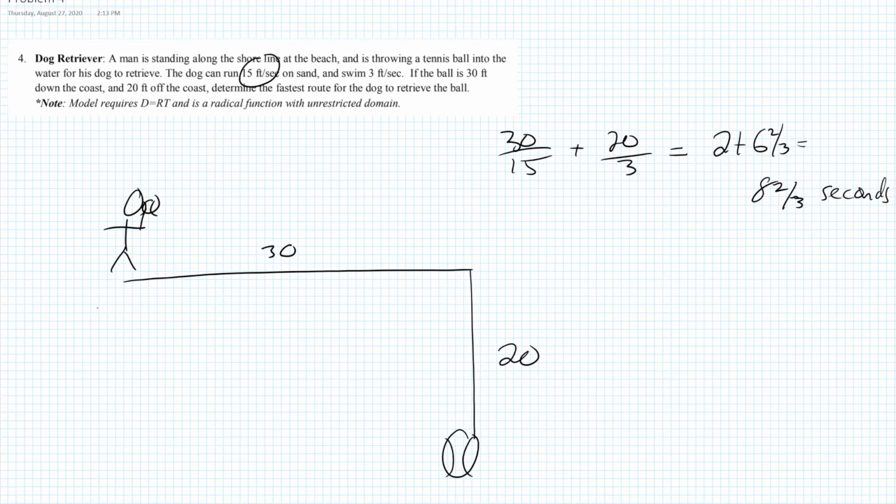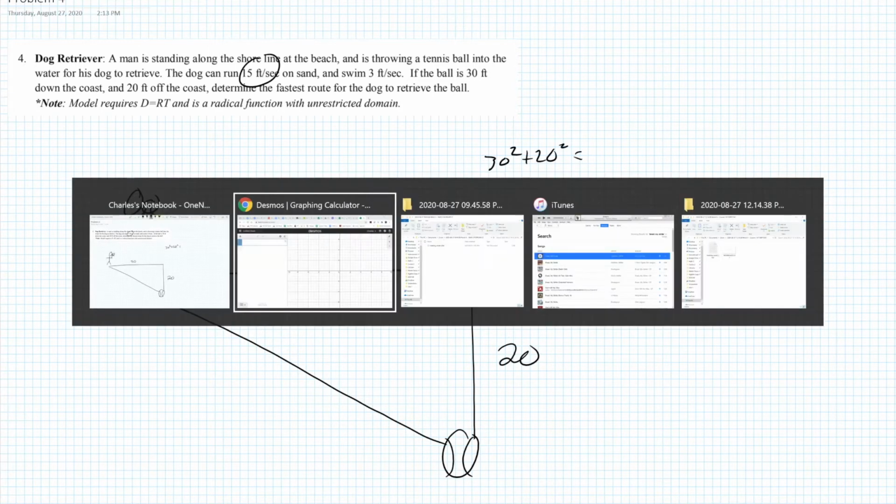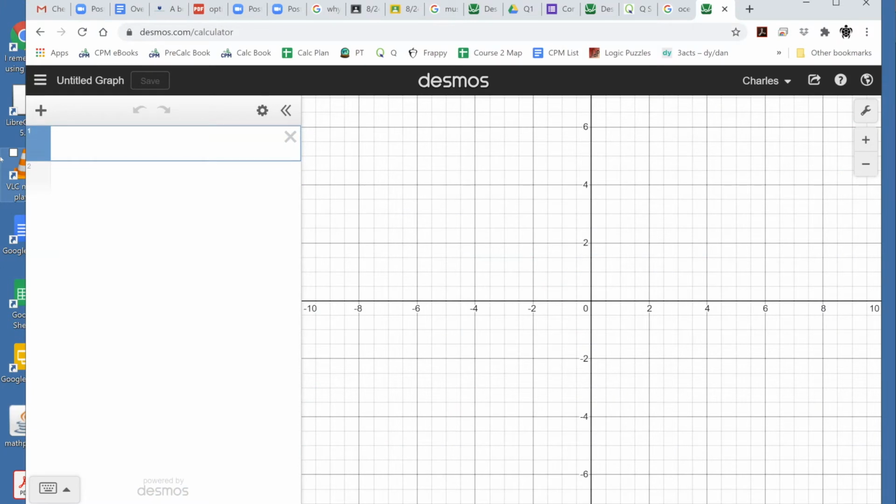Another extreme path for him to do would be to just go straight into the water and towards the ball. If he were going to do it that way, you'd have to use the Pythagorean theorem, right? So 30 squared plus 20 squared is equal to 1300, and I actually need the square root of all that.